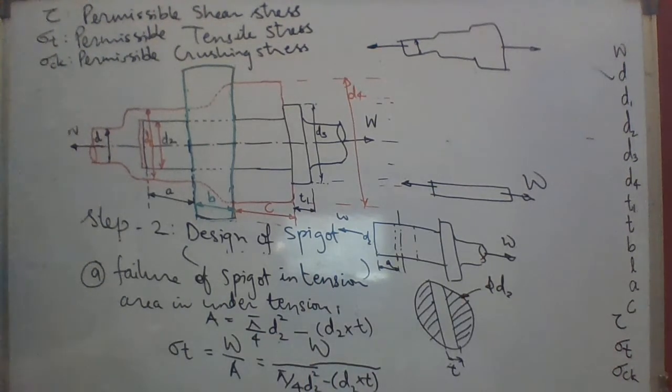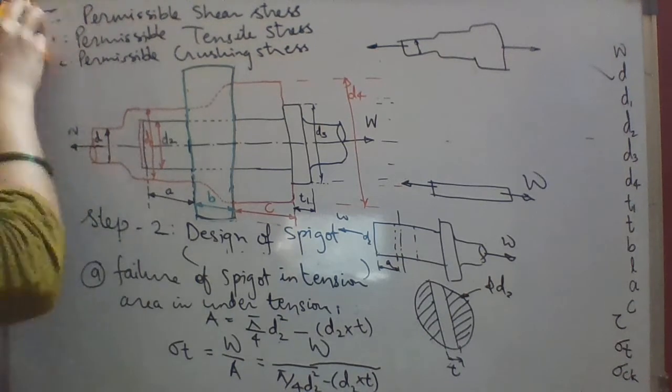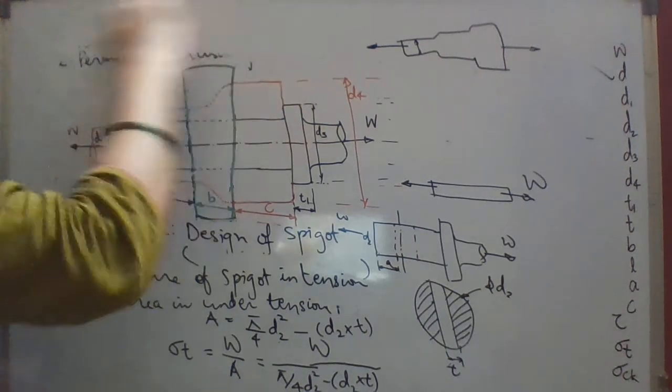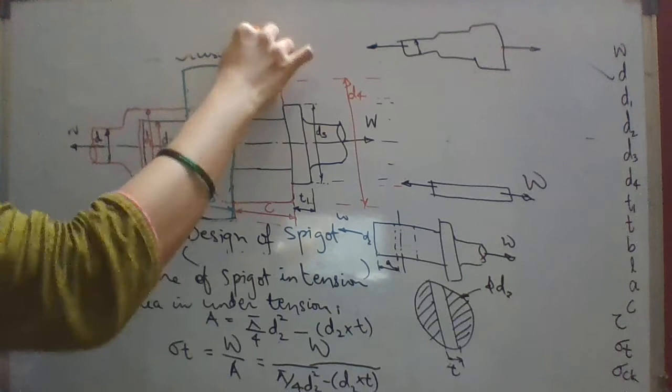So this is the strength equation. Now from here how will we get d2? Here d2 and t both are unknown. So what we'll do? We'll use the empirical relation.